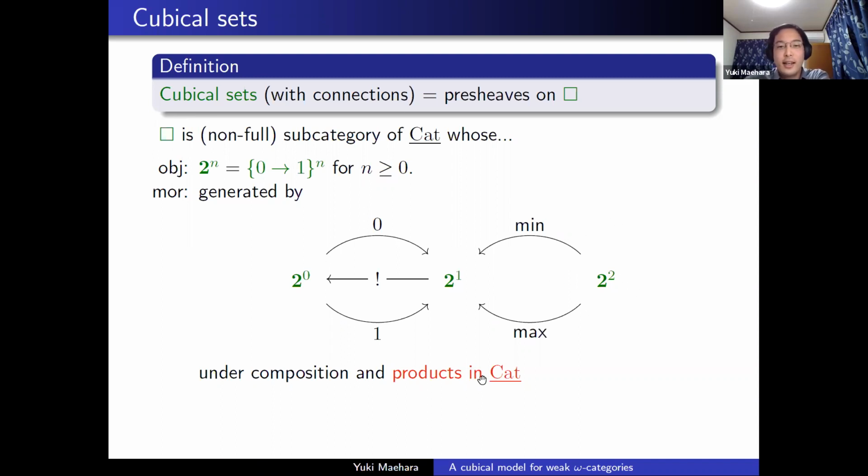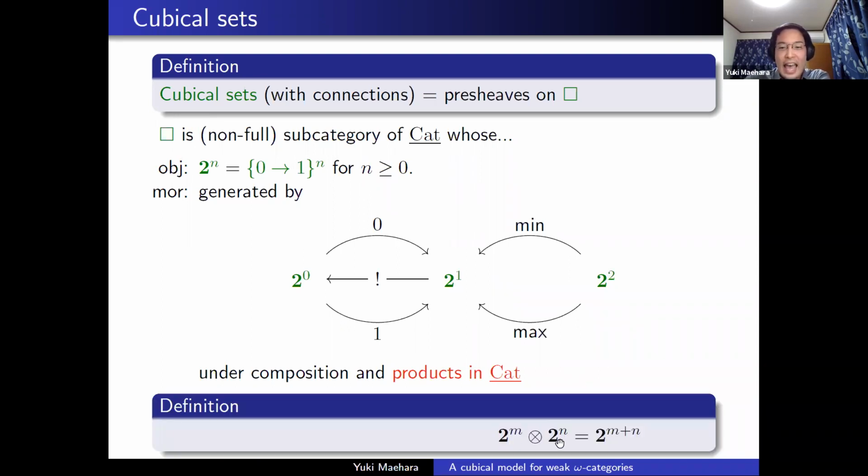But still, we are explicitly closing this category under this operation. So taking the m cube and the n cube to the m plus n cube is a valid strict monoidal structure, assuming we are only taking the skeletal thing.